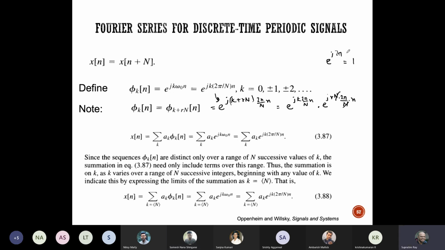Cos 2 pi plus j sin 2 pi. What is e to the power j 4 pi? They're all 1. It's basically looking at a vector that keeps coming back if you do full revolutions. So if I add any multiple of rN, I'm going to get back the same thing as before. This is phi_k and this is just 1.